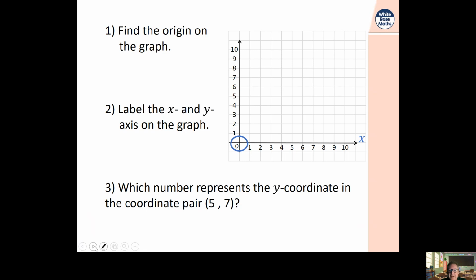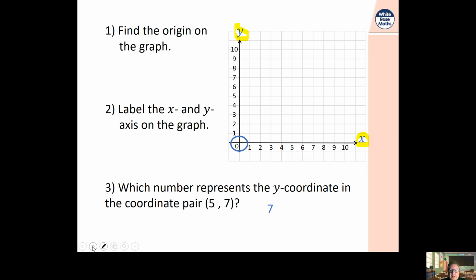An x is across, and the x-axis always goes in that horizontal direction. Therefore, that must mean the other one is the y. So we've got the x-axis here and the y-axis here.